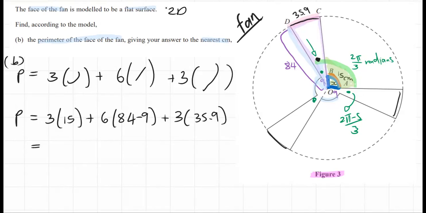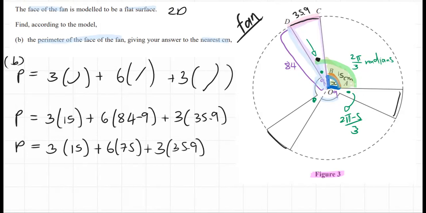So 3 times 15, plus 6 times 75, plus 3 times 35.9. Let's check if that works out. And that's going to be our perimeter. Put it all in the calculator. Perimeter equals 602.7, but it's asked for the nearest centimeter. So 603, rounded up. That answers question B.